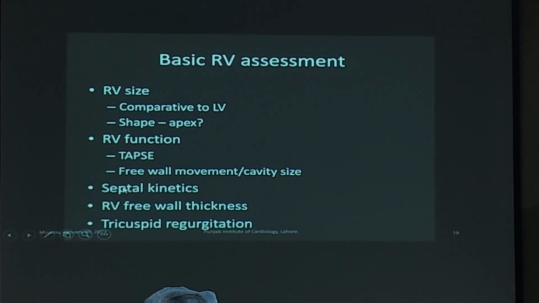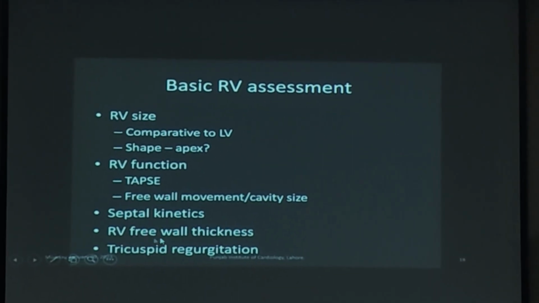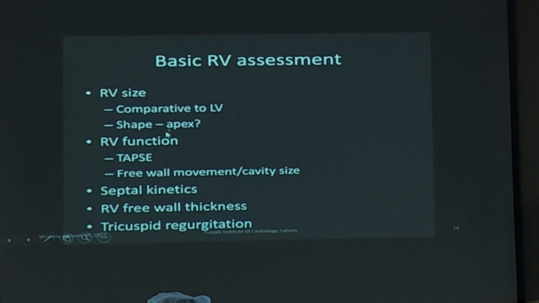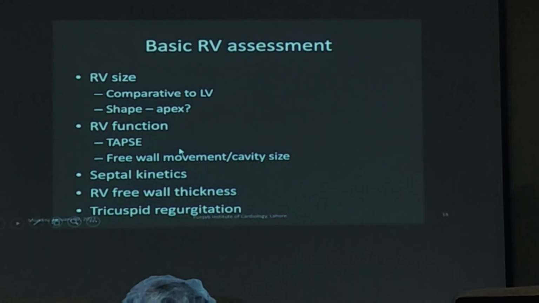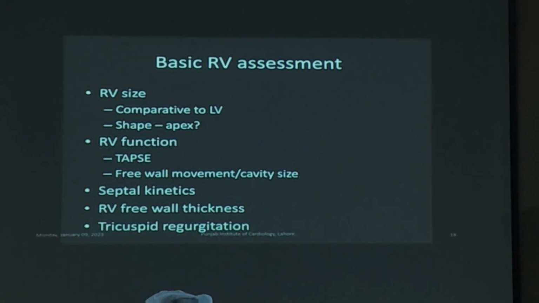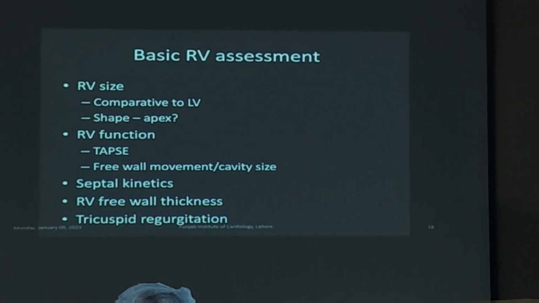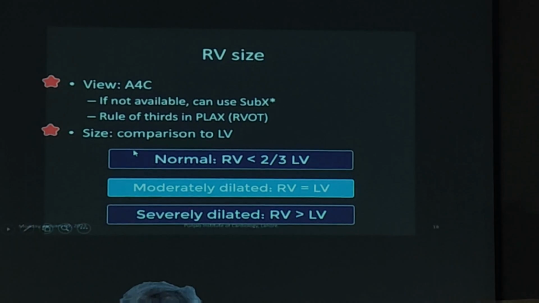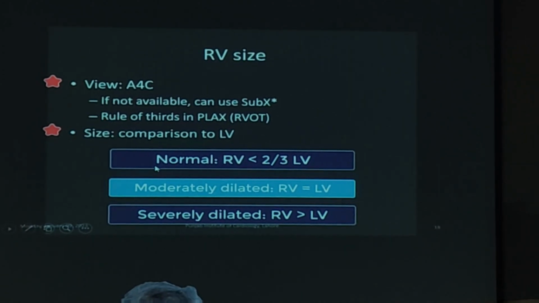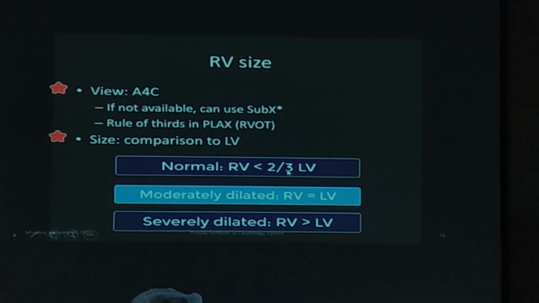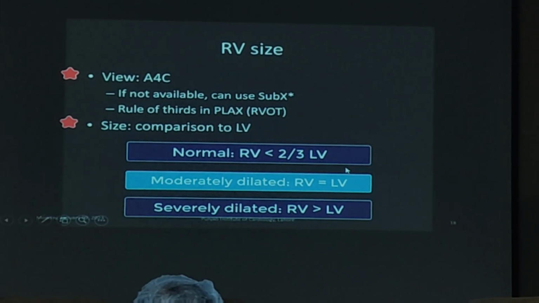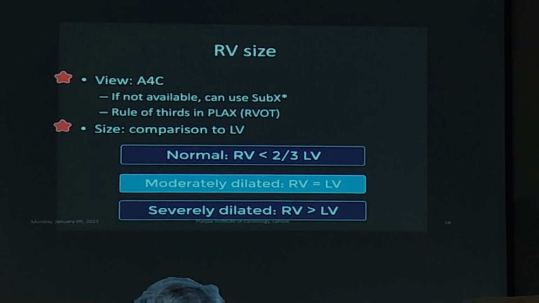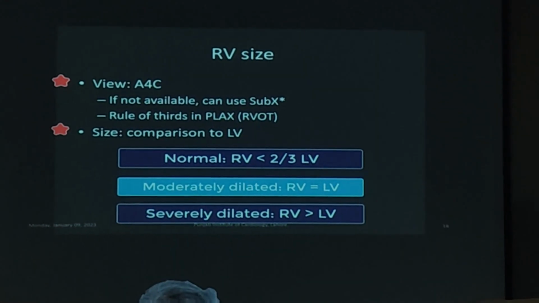And then we can look at the septal kinetics, RV free wall thickness, and tricuspid regurgitation. All these things will give us an idea about the RV assessment, and will tell us in which stage our RV is. So the RV size in the apical four-chamber view: the normal RV is less than 2/3 of the LV. So it's a normal size.